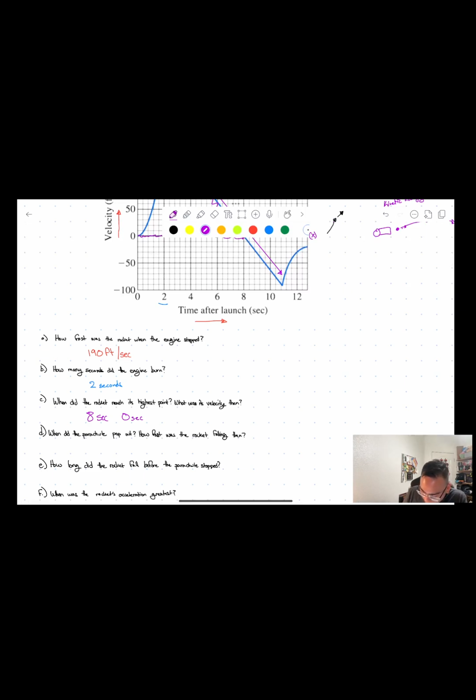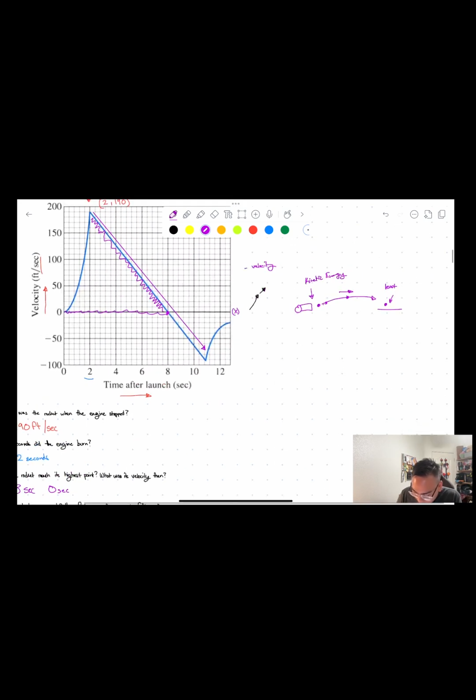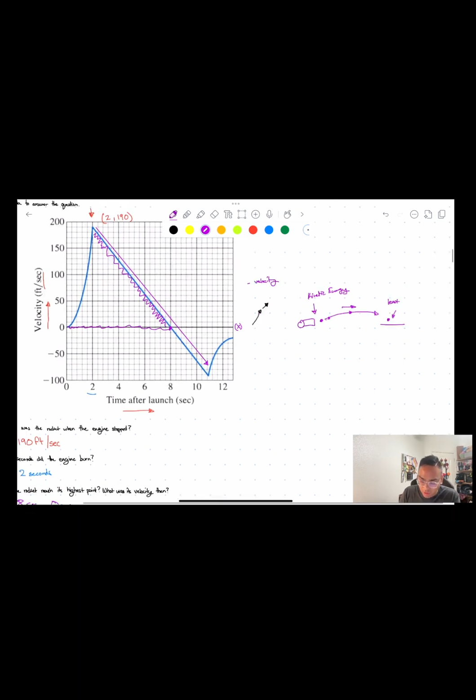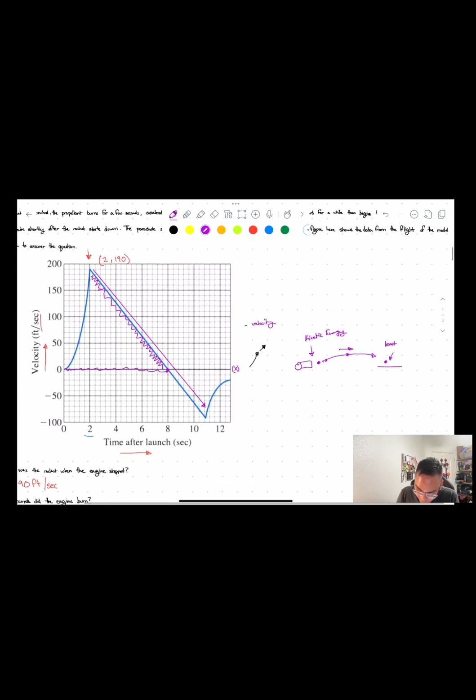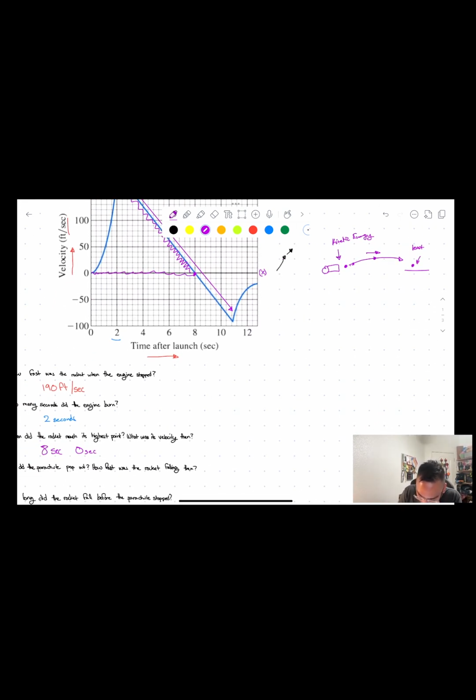Now, when the parachute popped out, how fast did it go? After it coasts for a little while, it hit its peak, and then the small charge exploded. When the small charge exploded, it's going to slow down the velocity, which I'm going to put in green.